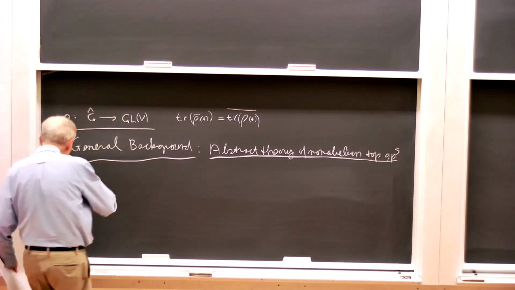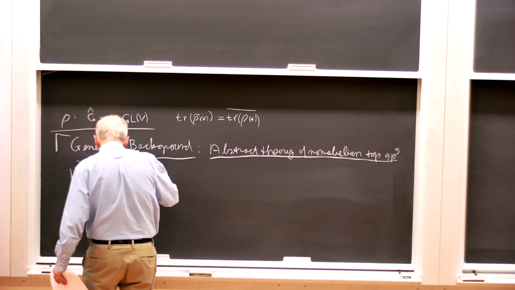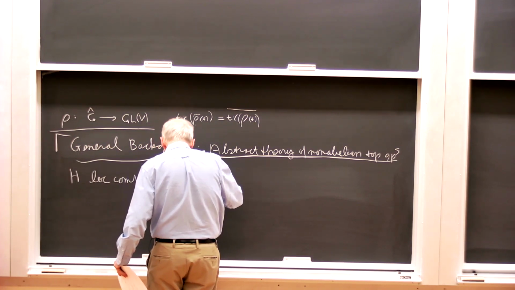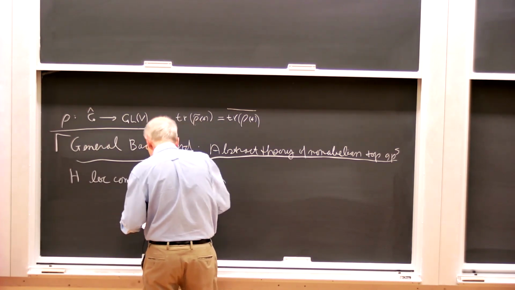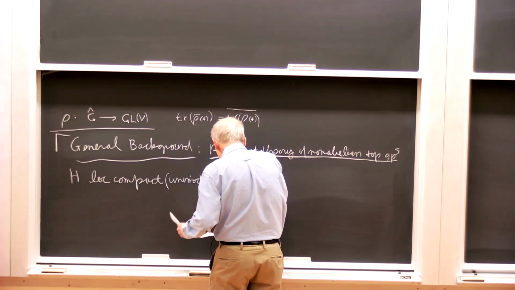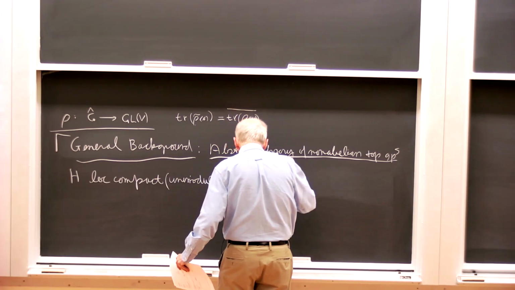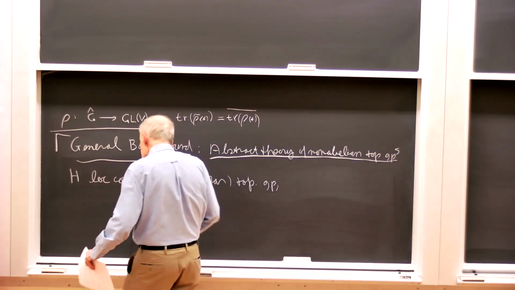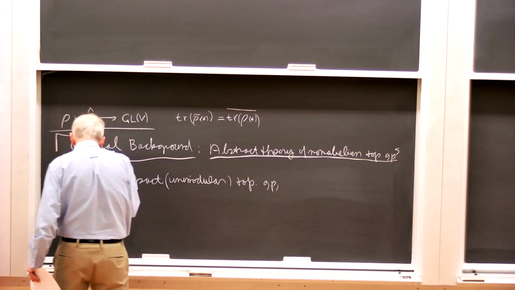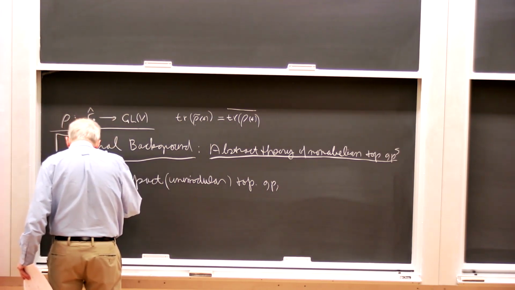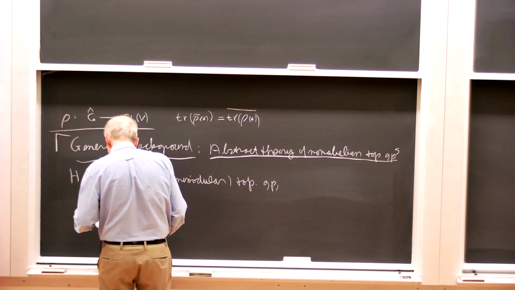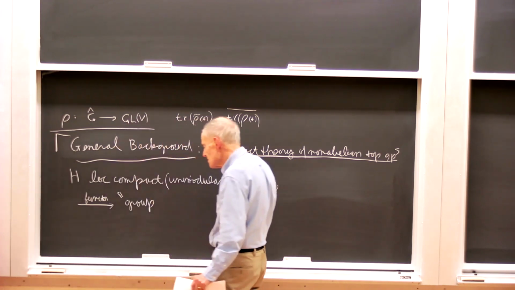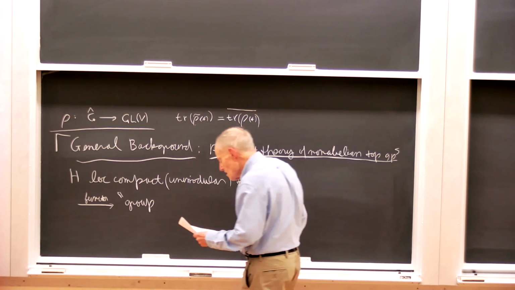But in any case, if H is a locally compact, unimodular, we'll assume, topological group, you can attach to H, and I guess it's a functor, what would be the analog in this much more general case of the group algebra.